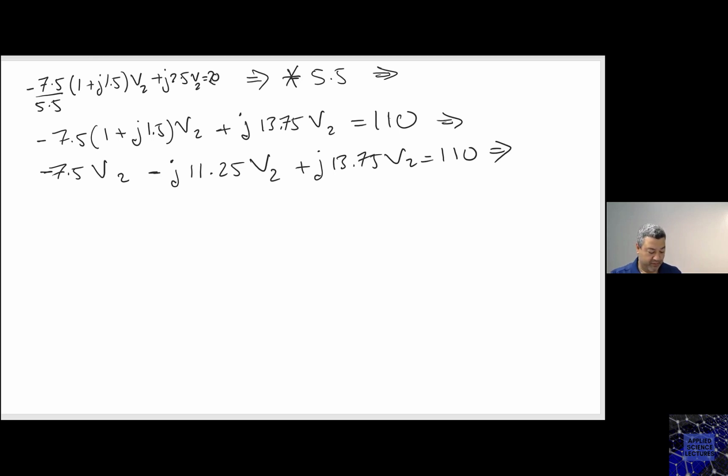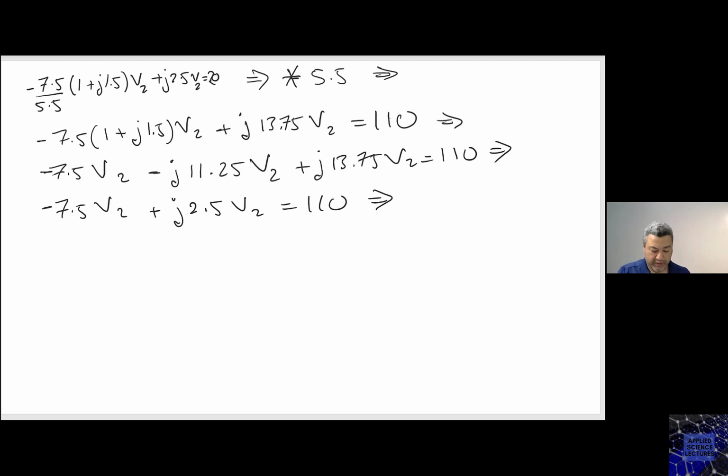Now 13.75 minus 11.25 is 2.5, so we have here minus 7.5 V2 plus j2.5 V2 equals 110.